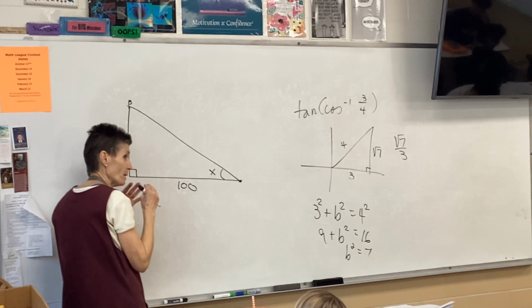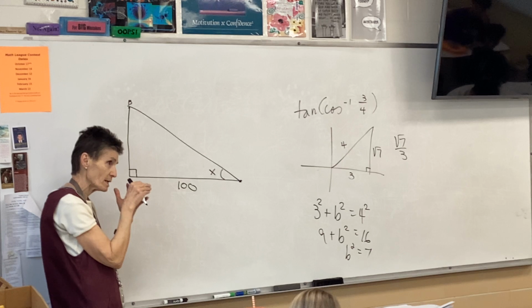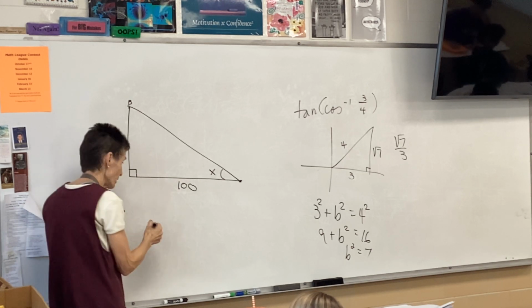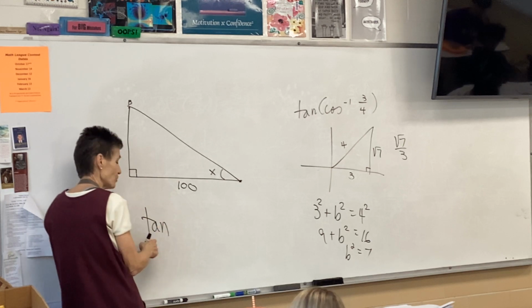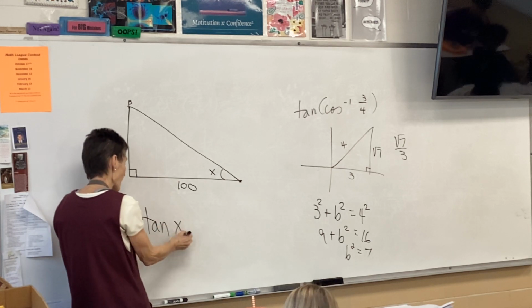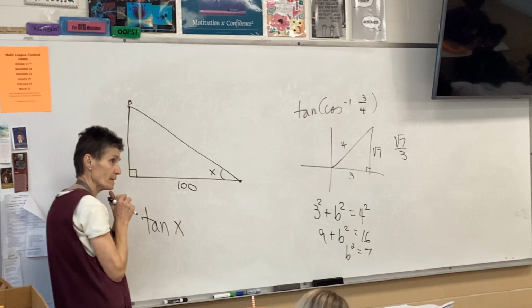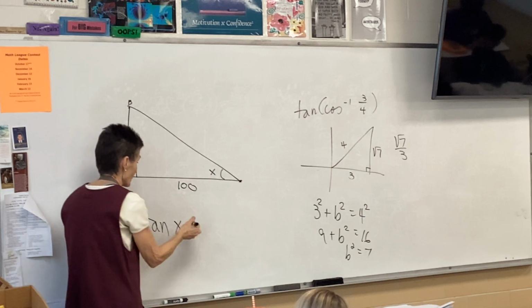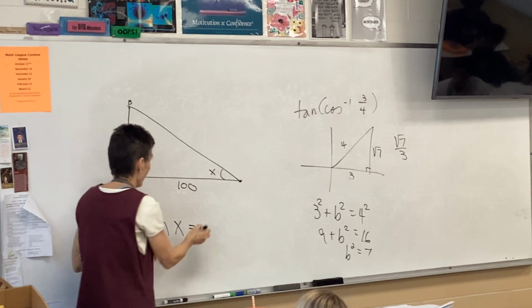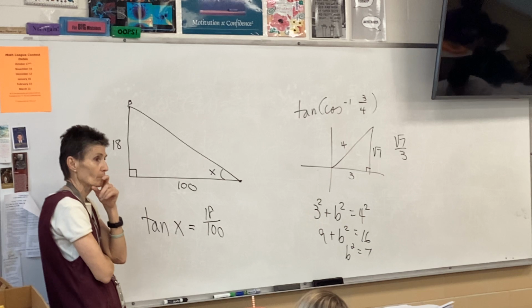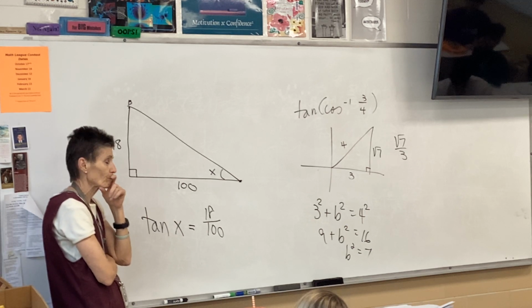So you're always going to pick sine, cosine, or tangent. Which is it going to be in this problem? Tangent. And as soon as you write tangent, you attach the angle. The angle is what goes with the tangent, equals opposite over adjacent. Do you want us to consider that x or theta? Doesn't matter.